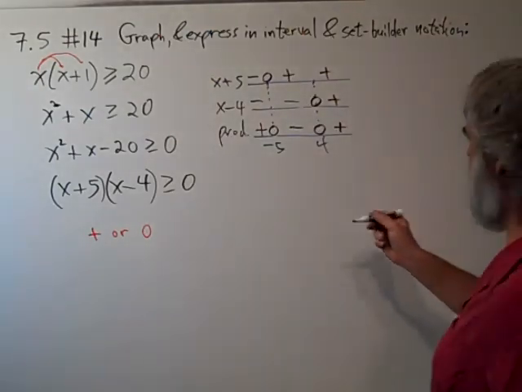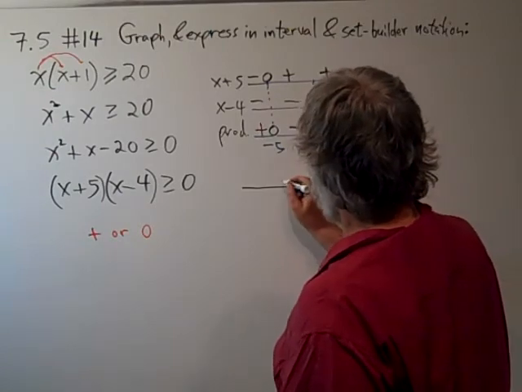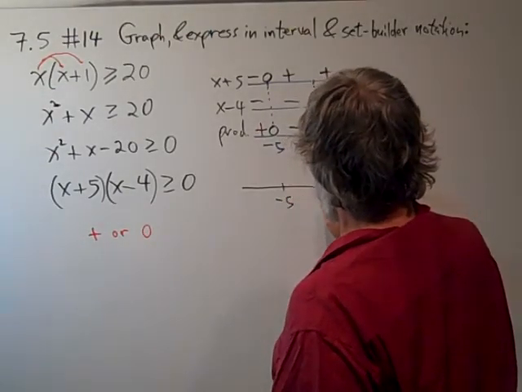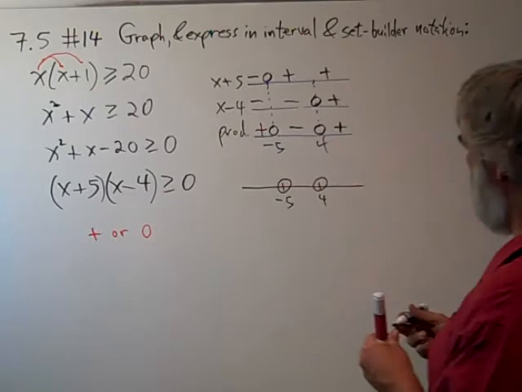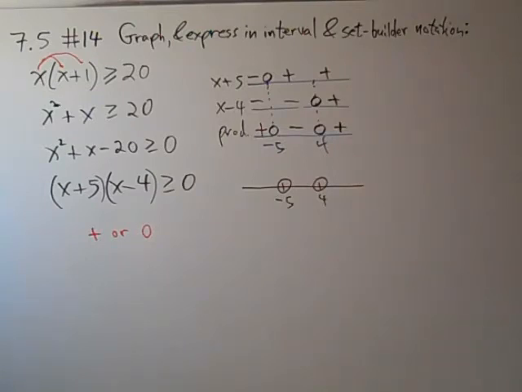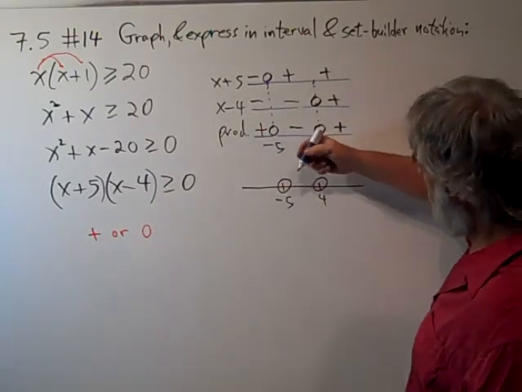Graphing this then, the positives are to the left of negative 5 and to the right of positive 4.